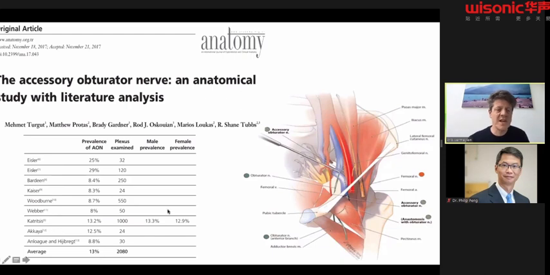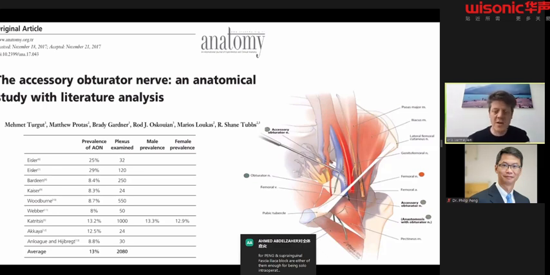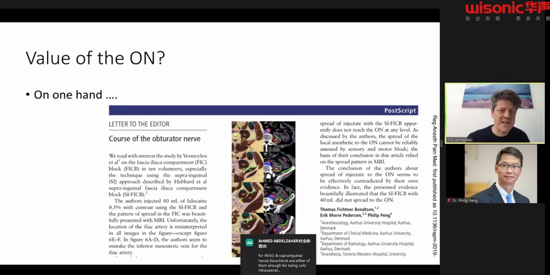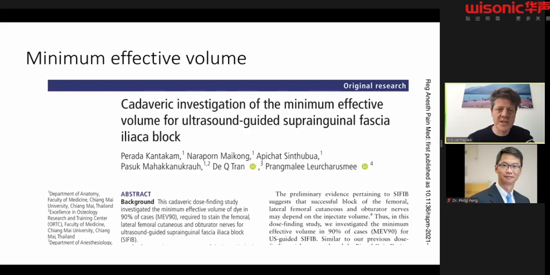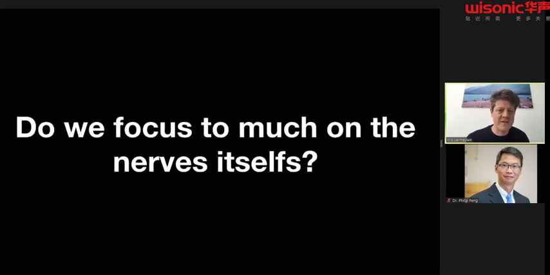Philippe was lucky because he had a much higher percentage. Again, I don't think it's just about the nerve itself. And as I already said, the discussion is not whether the nerve itself is part of a compartment or not. Philippe already showed you these articles, so I'm just going to go over this. We need to focus on more than the nerve itself.